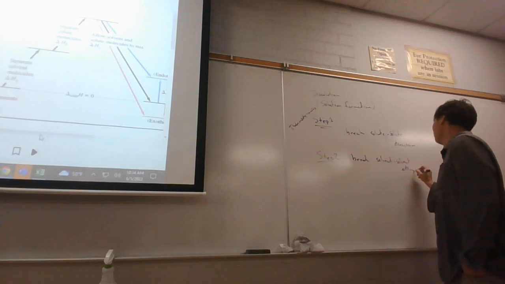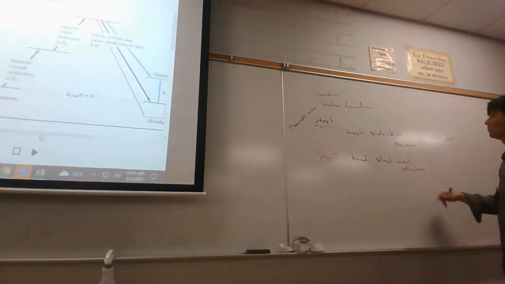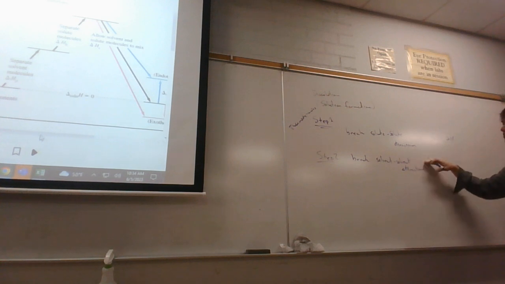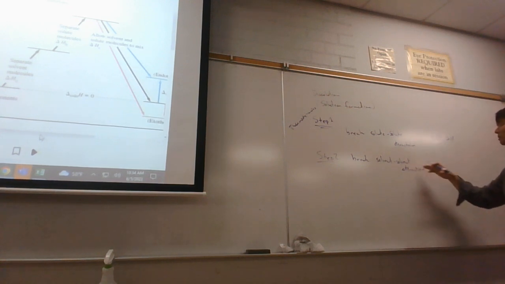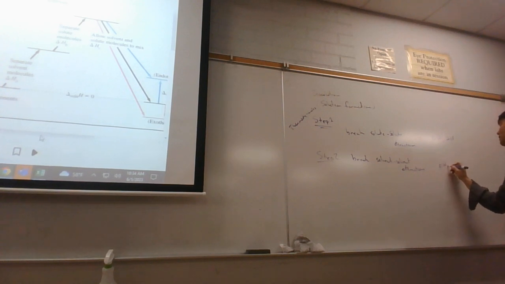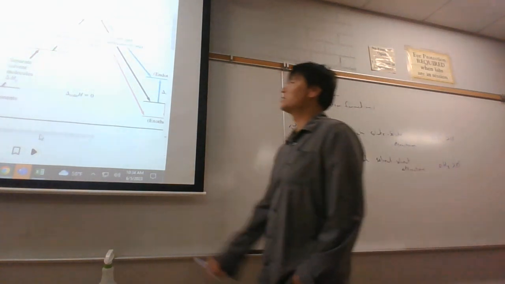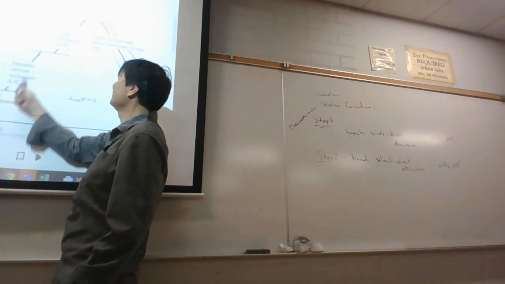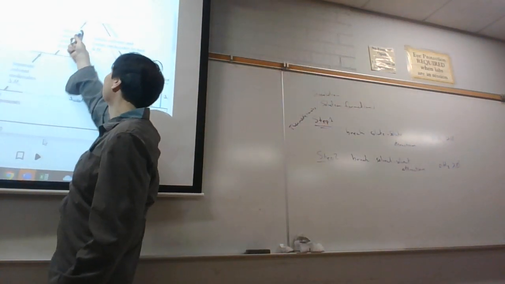So in other words, we have to break the solute particles apart, and we have to break the solvent. Why do we have to break the solvent? We have to make room for the solute to fit in there. We'll call this delta H2. That's going to be endothermic also. So here's delta H1, here's delta H2. Both of these are endothermic.